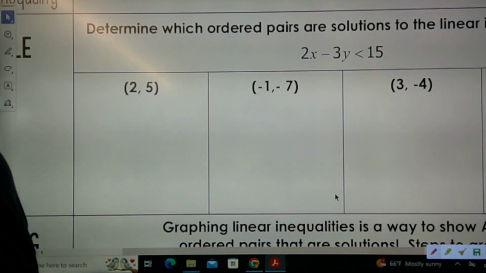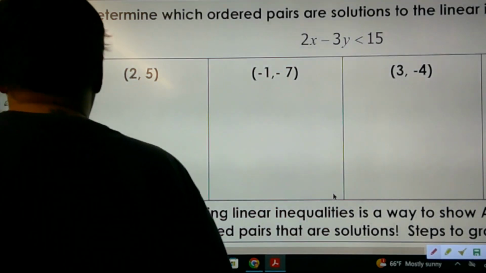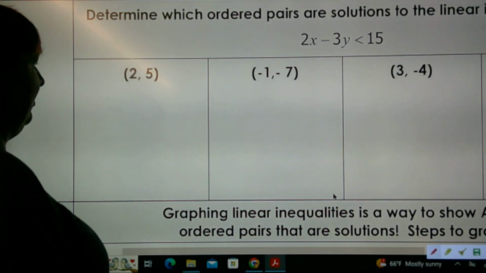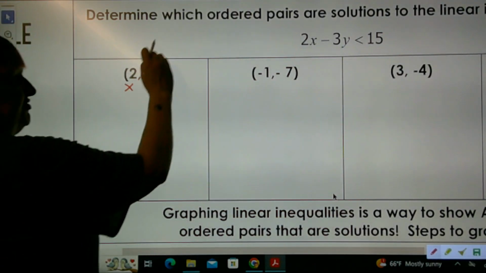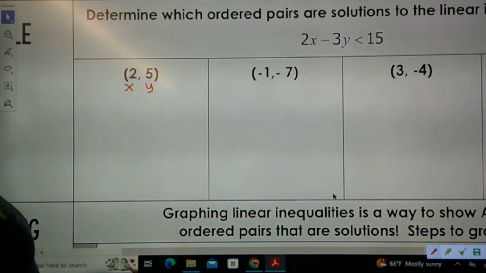So this is your x, this is your y. Substitute the value in and see if it's true.